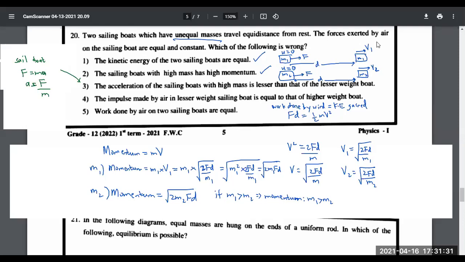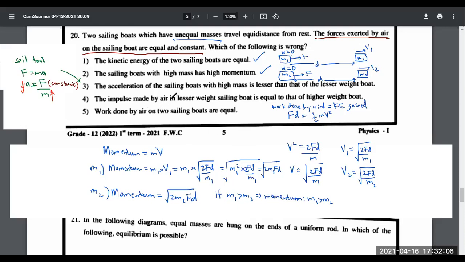Remember, F is constant for both the boats. They have told us, read the question carefully: the forces exerted by air on the sailing boats are equal and constant. If F is constant and mass increases, what will happen to acceleration? It will decrease. That's what statement 3 says. If the mass is high, acceleration is less. If the mass is less, acceleration is high. Good.